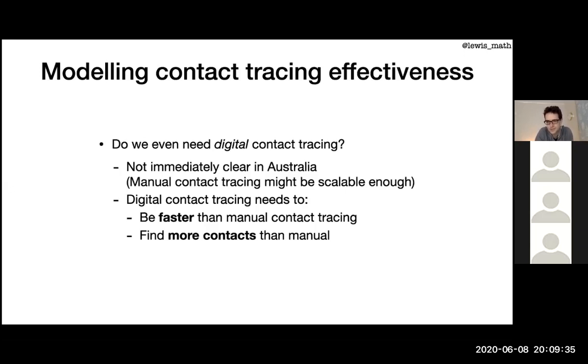This is the idea of the so-called friendly stranger, the person that you stand close to in the supermarket line at Woolworths, whose name or contact details you're never going to know, but who you might have come into contact with and passed the virus to, or vice versa. So you should be able to find more contacts, if digital contact tracing works the way we might like it to, than you could with manual contact tracing.